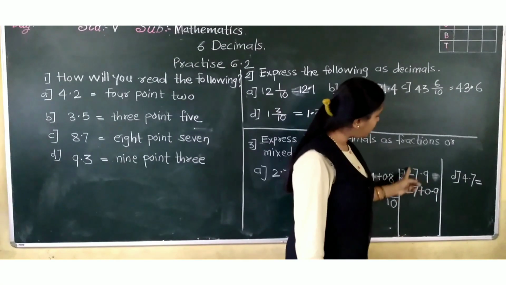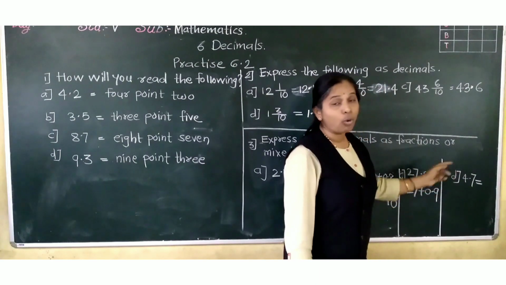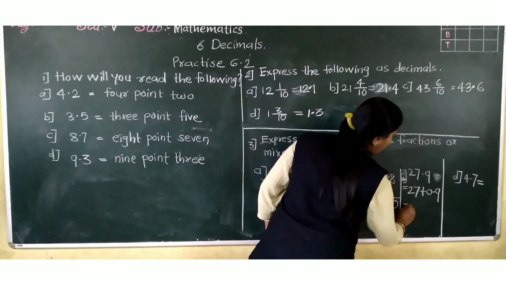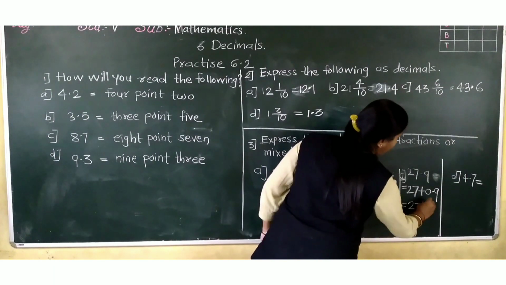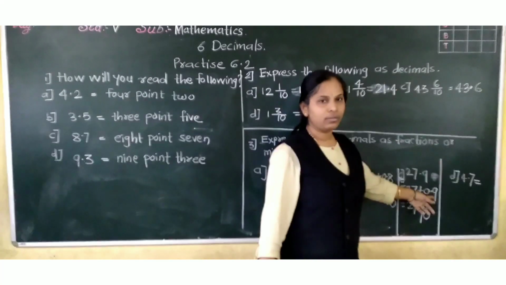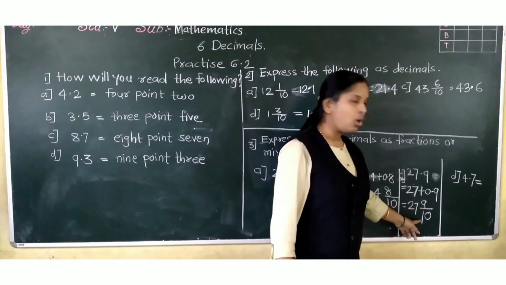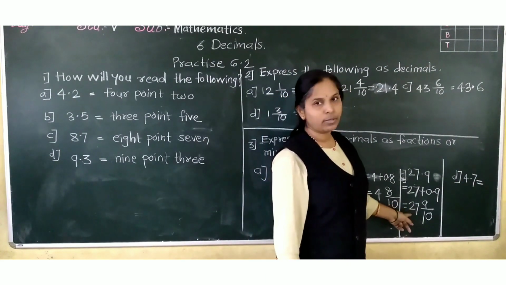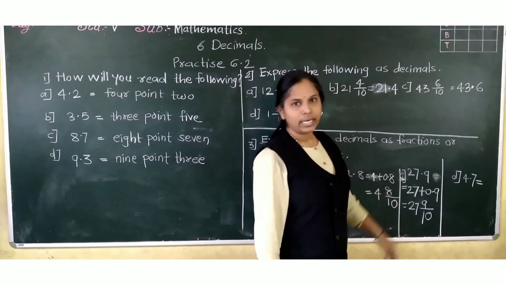So what it will remain inside? 0.9. Now how to write 0.9 in fraction form? So 27 and 9 upon 10. Only one digit is there, only one zero will be there at the denominator. So answer is 27 and 9 upon 10.